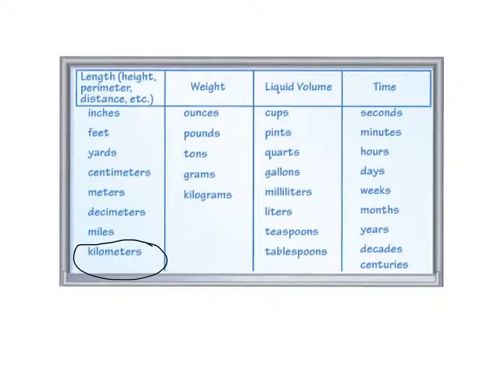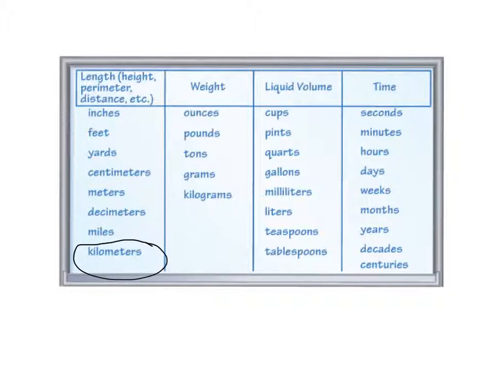Okay, liquid volume. So liquid, obviously milk, water, soda, anything liquid. You talk about cups, pints, quarts, gallons, milliliters, liters, teaspoons, and tablespoons. So a cup, you might have a cup that you put milk in, but there's also an actual measurement that's a cup.